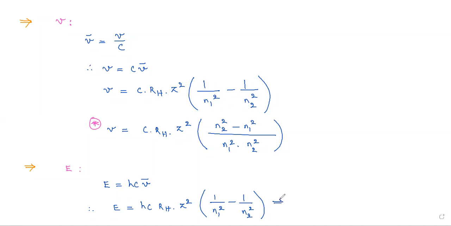If you want, you can write one more step. E is equal to HC into RH into Z square into N2 square minus N1 square by N1 square into N2 square. So that is the final expression for calculating the energy of the spectral light. So you got all different relations: wave number, wavelength, frequency, and energy. Of course, all are interrelated. If you can just write the expression for wave number, you can go for all the others.